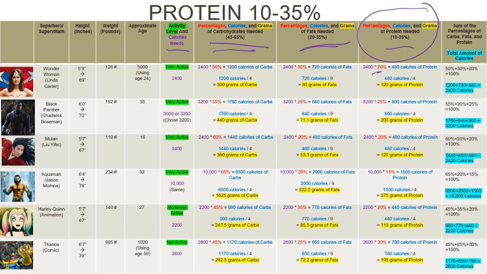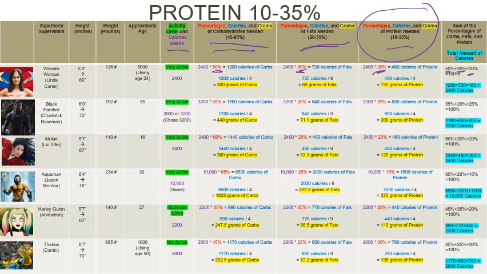So if you look at carbohydrate, here's 50%. Fats, 30%. And protein, 20%. 50 plus 30 plus 20 equals 100. So let's start with this calculation.